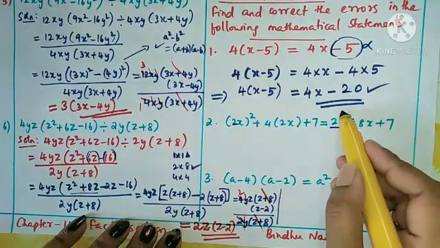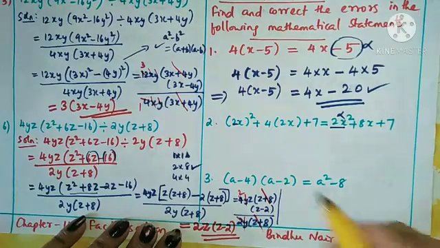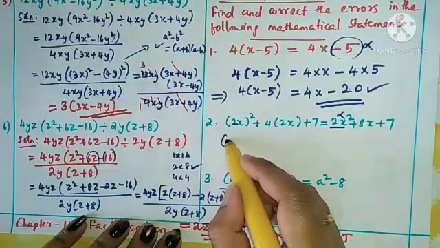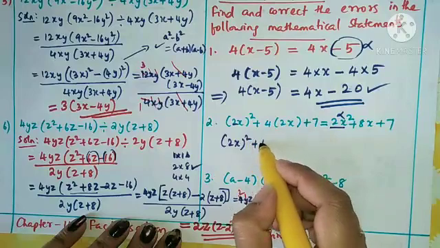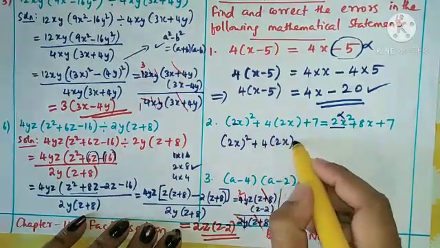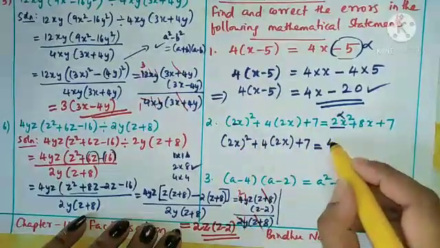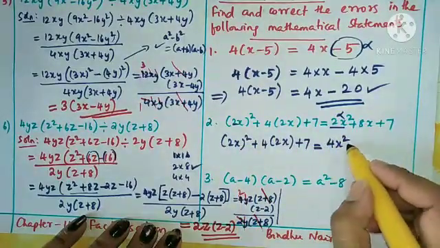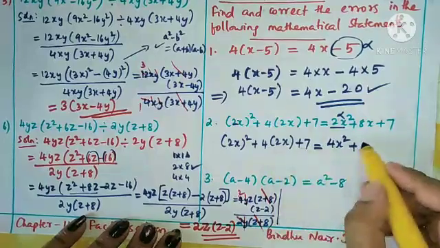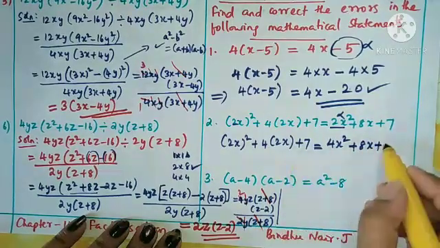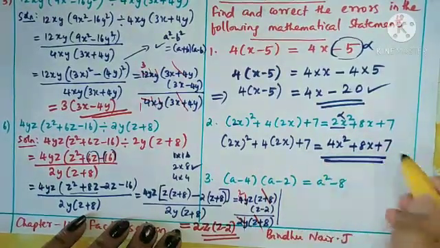The 2 is not squared, so it is wrong. So how to write the correct step? 2x the whole square plus 4 into 2x plus 7 is equal to, yes, 2x the whole square means it is 4x square plus 4 into 2, it is 8x plus 7. Okay, so this is the correct answer.